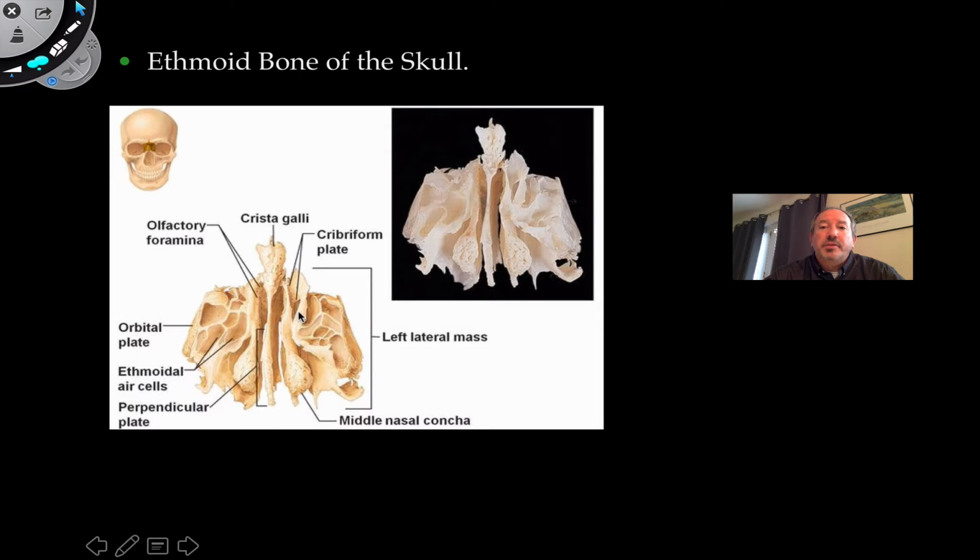And it's perfect for olfactory epithelial nerve tissue to penetrate from where it's sensing all the way back up into the brain. And you can also see these sinuses over here that make the bone a little lighter. So it's a combination of knowing the names of structures and also knowing their function.